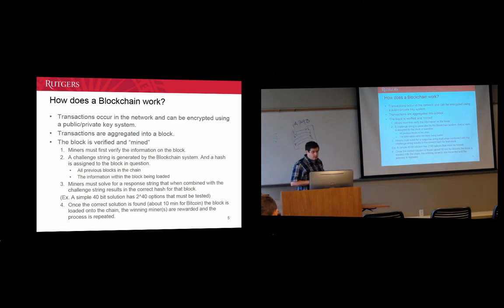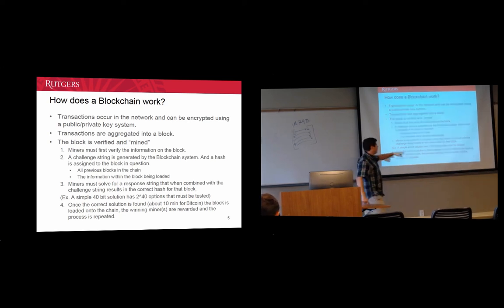And the way that this works is it's like a 40-bit solution. A bit is like one individual piece of information, like one individual character, like 0 or 1. Right? So it's a 40-bit solution that they test for, and there's literally no way to solve this. They don't know the algorithm to combine it, so they pretty much have to do brute force. So 2 to the 40 options, that's a huge number of options, right?